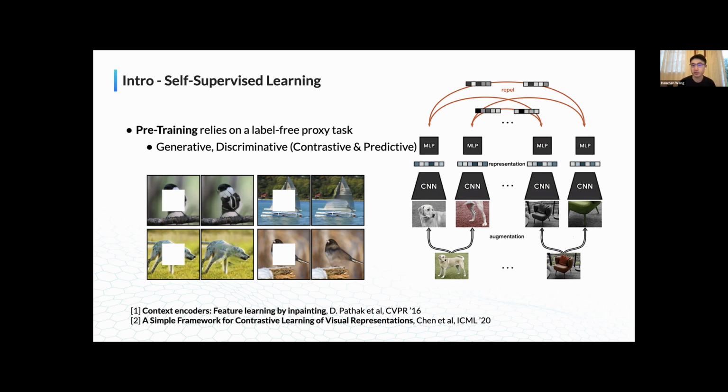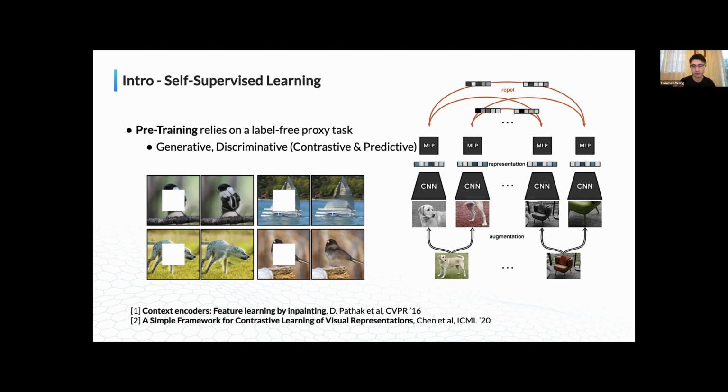A famous example in recent years for discriminative or contrastive pre-training is contrastive learning, or contrastive representation learning, shown in the right diagram. Essentially, you augment the image with a few augmentation techniques such as random cropping or grayscaling, and you input such augmented images into the same CNN, the same feature encoder.